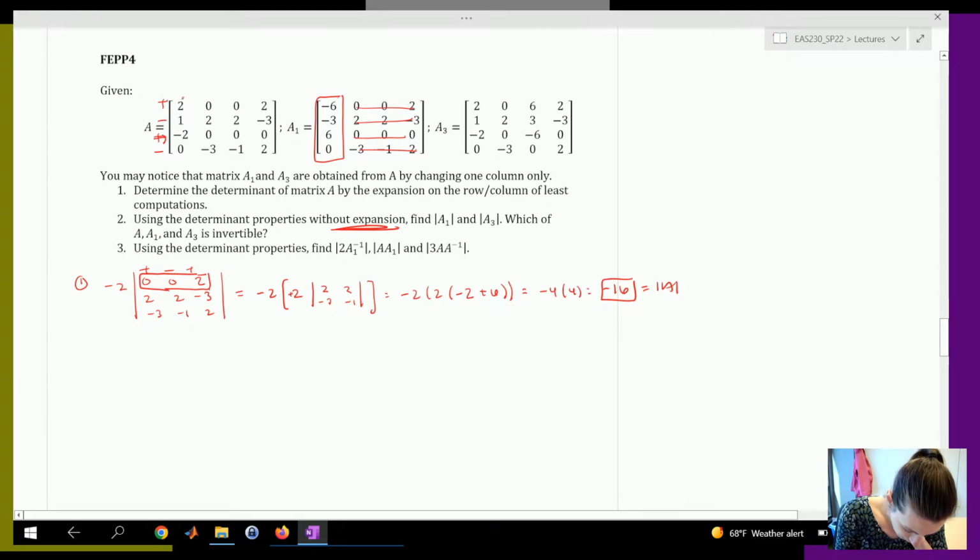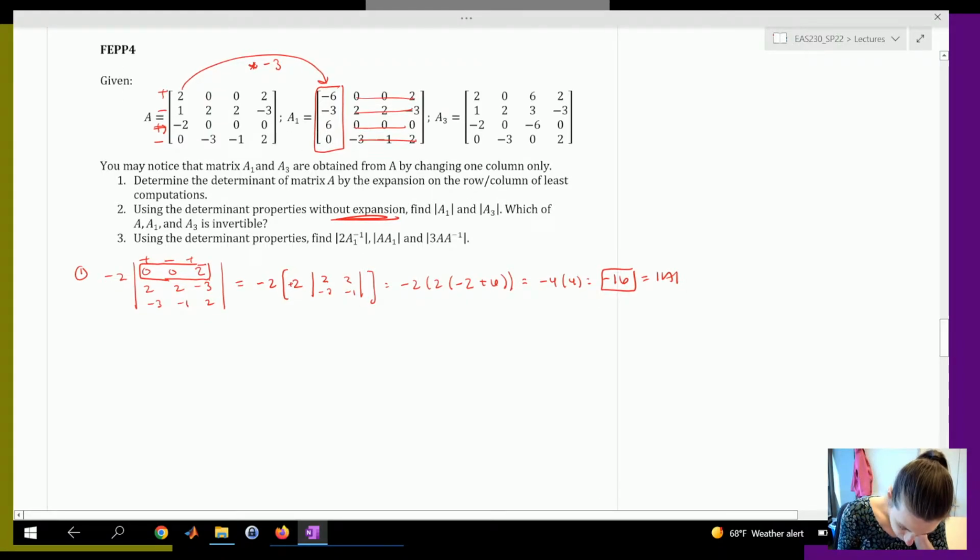And if I look at this, it looks like column 1 is now this one multiplied by negative 3. So this goes to negative 6, this goes to negative 3, this goes to positive 6, and this goes to 0, which means A1 is equal to A, where column 1 is multiplied by a constant.